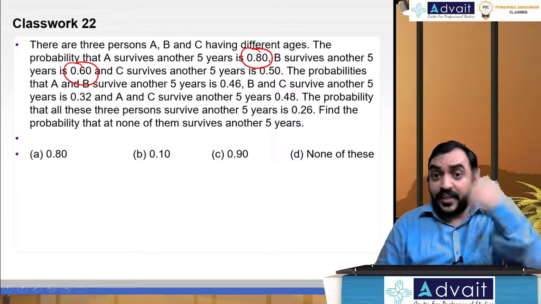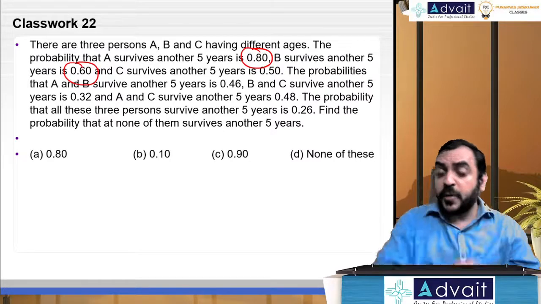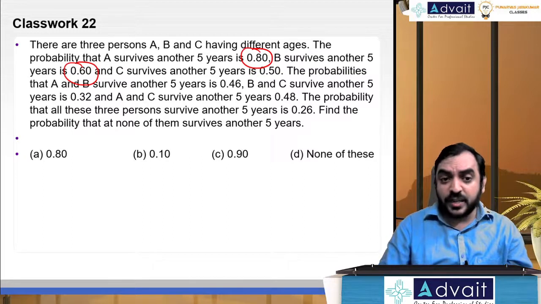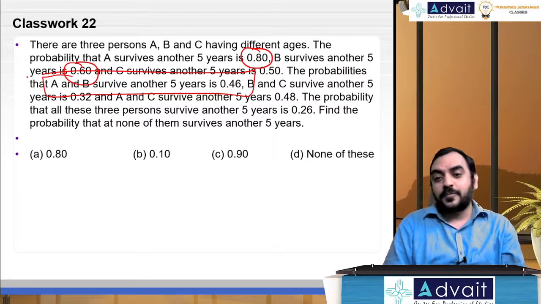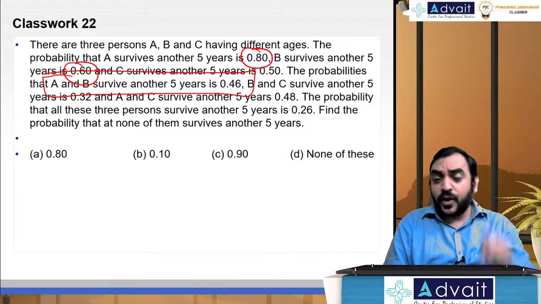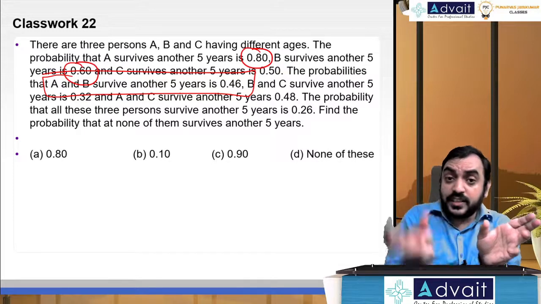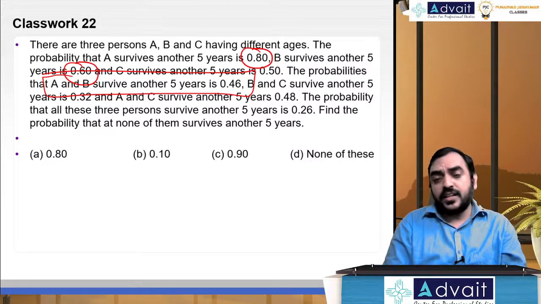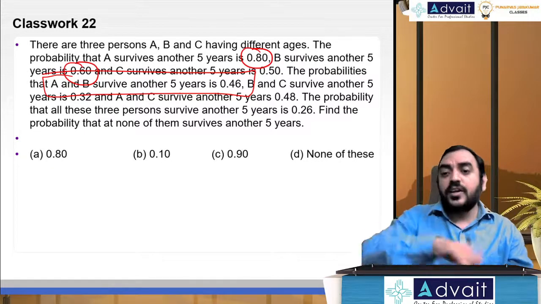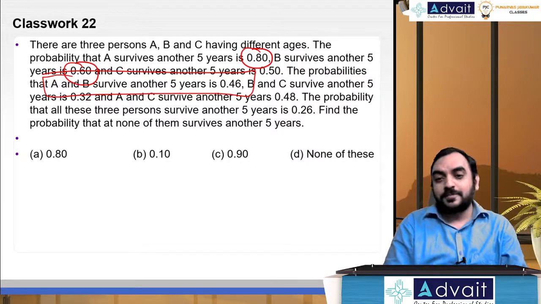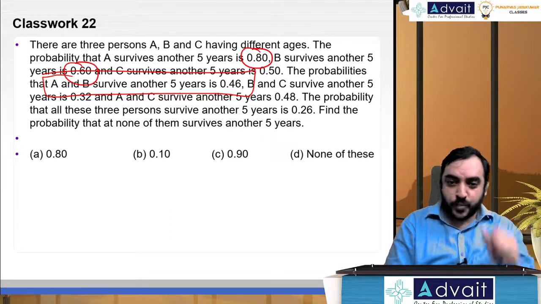So if they're independent, I can multiply A and B: 0.8 into 0.6, I should get 0.48. Am I getting 0.48? A and B is 0.46, not 0.48. Are you getting the point? When the events are independent, A intersection B is A into B, not happening here. Or the other way around, when they give you intersection, events are not independent. From exam point of view, I'm telling you. Hope you get the point.